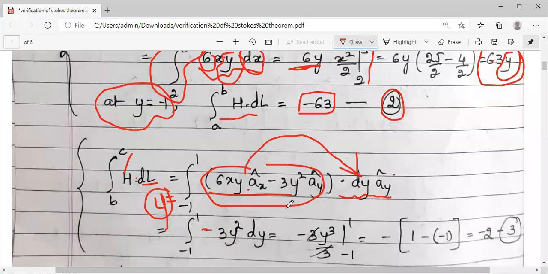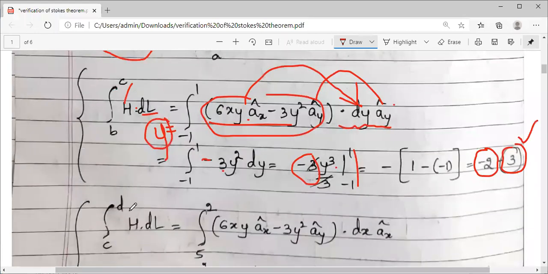And taking the term -3y², a_y dot a_y is 1. So it is -3y² dy. There is no other term. 3 is constant, minus 3 I have taken as it is. Integration of y² is y³/3. After substitution of the limits, I got -2. Minus 2 is the answer. I have taken this as equation number 3. Two are over, we have calculated two line integrals.